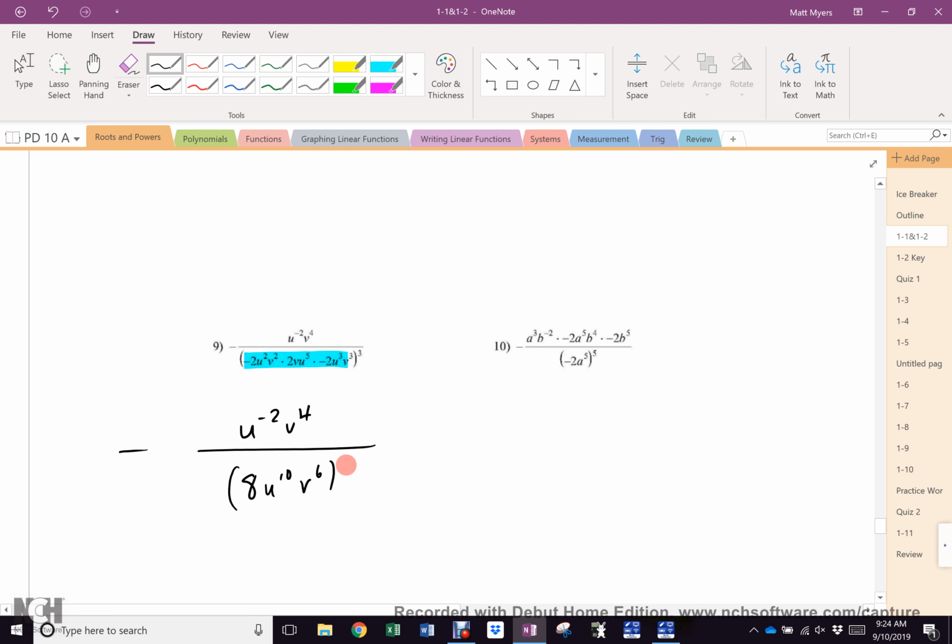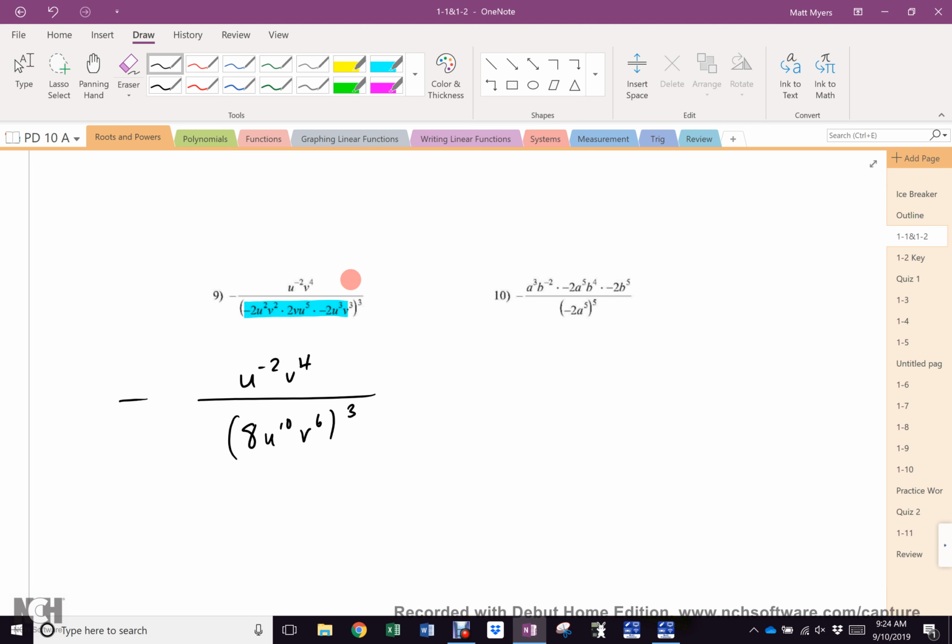Now all of that is cubed, right? So now, Abby, instead of bringing this 3 to 1, 2, 3, 4, 5, 6, 7, 8, 9, 10 things, what am I bringing it to? 1, 2, 3 things. What's easier, bringing it to 10 things or bringing it to 3 things? 3 things.